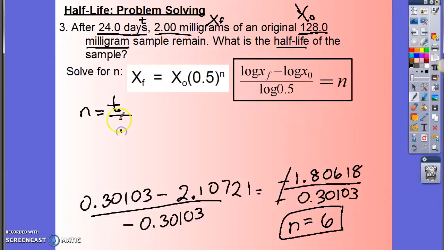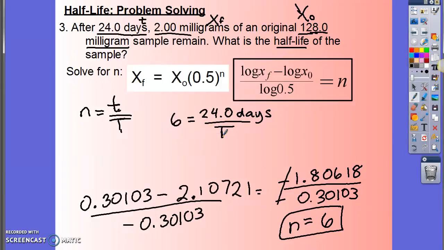And before, we only knew little t from the question, so we figured out what n is, so we can plug in n and little t. So let's do that. Our n is 6, and our little t is 24.0 days. We want to know big T, how long is the half-life?